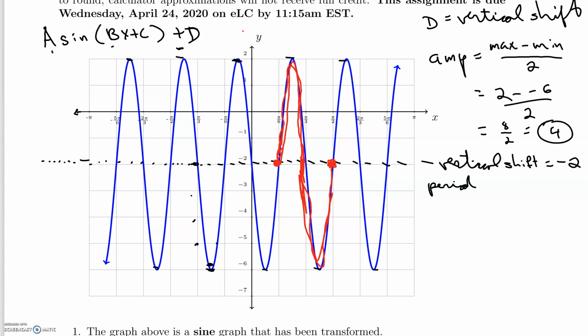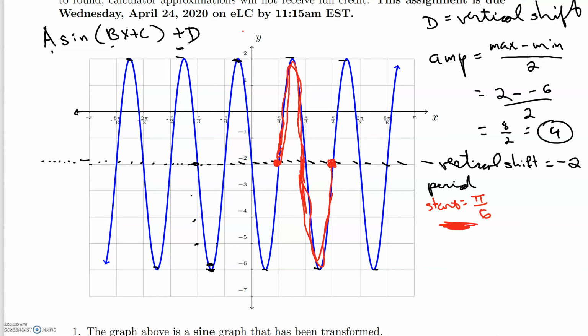Okay. All right, so how long is that? So we start at pi over 6, which, by the way, also tells me my phase shift. If I'm starting at pi over 6, that means I have a phase shift of pi over 6. I'll write that down in a second, though.